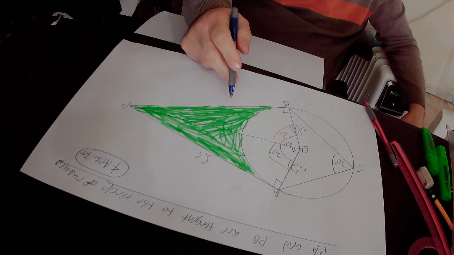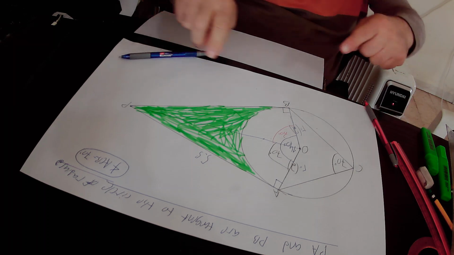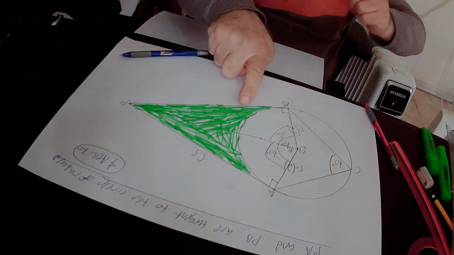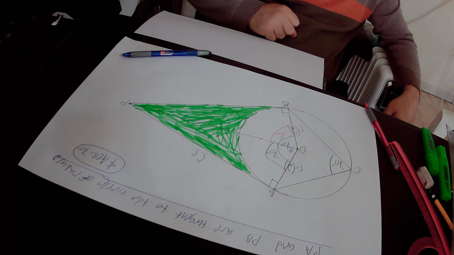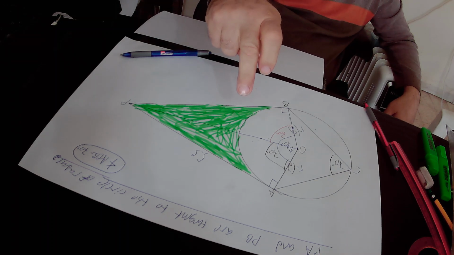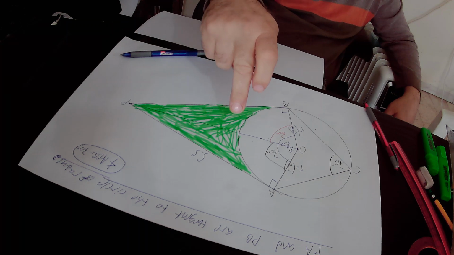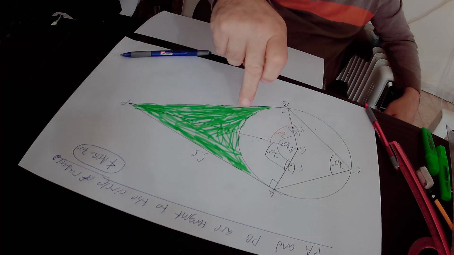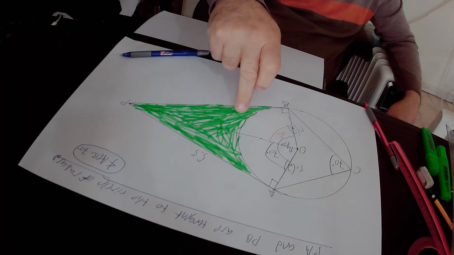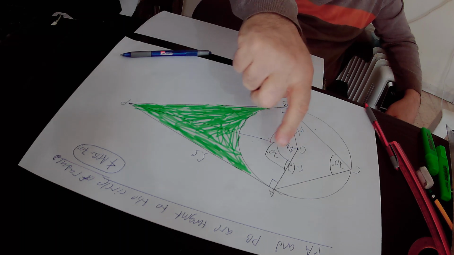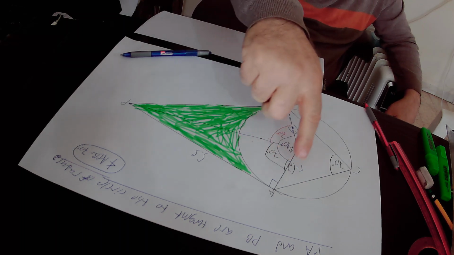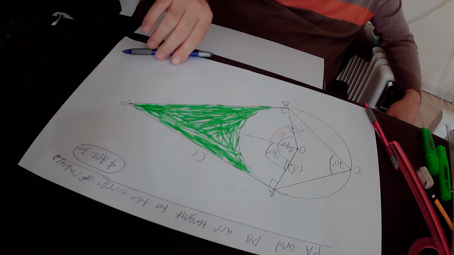I want to remind you that we already found out that those two right triangles can go into each other. So the area of the green shape equals the area of the right triangle AOP plus the area of the right triangle POB minus the area of sector AOB.